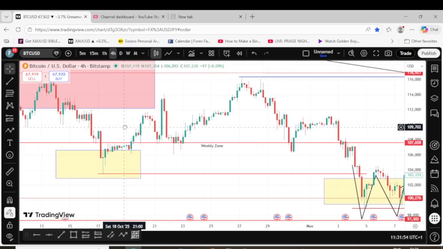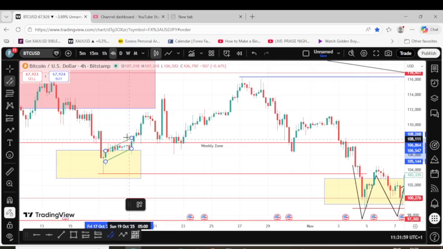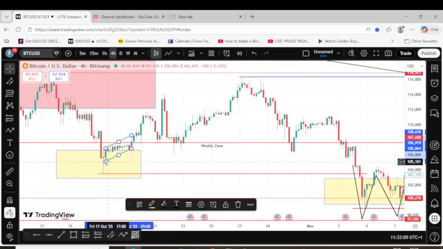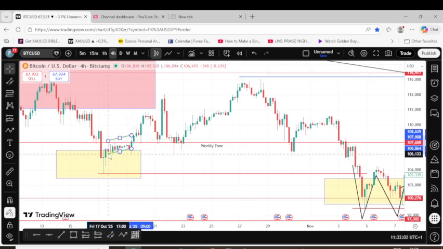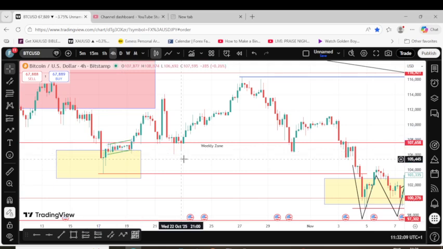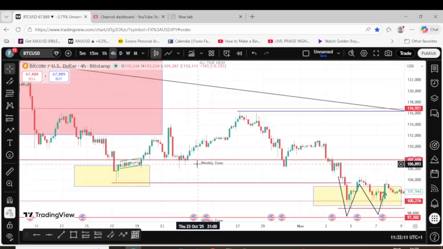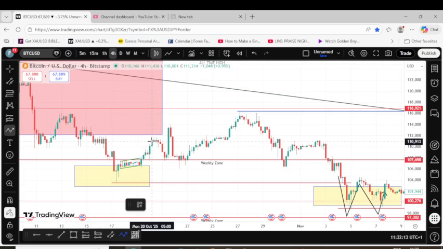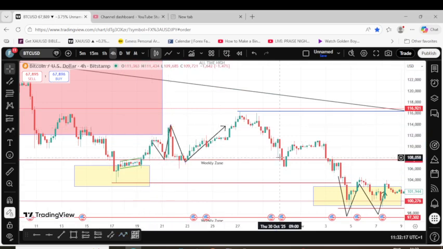And then finally here, I believe this makes more sense as a range. Yep. So we have a range here. Not only that, you can also see a W pattern here like this.